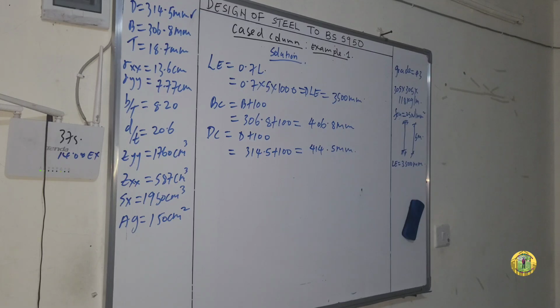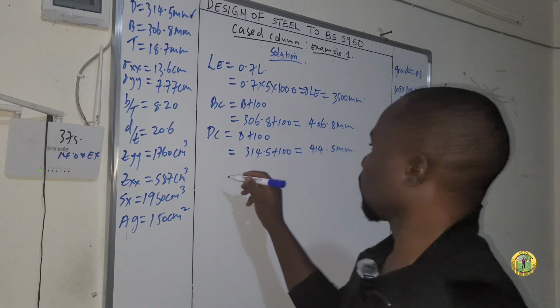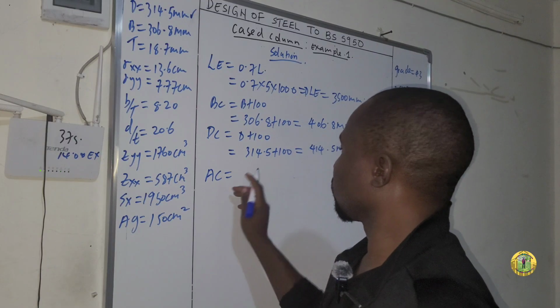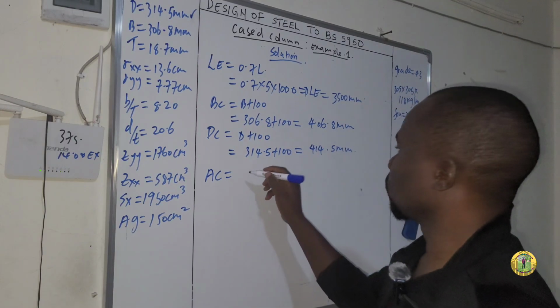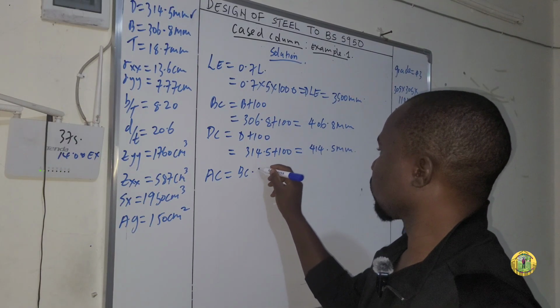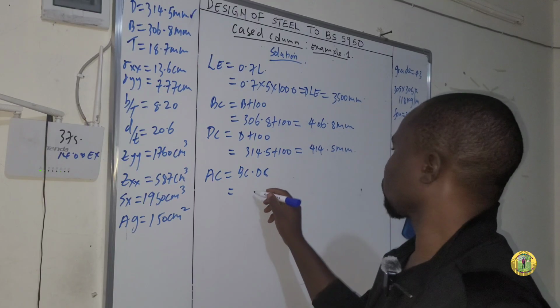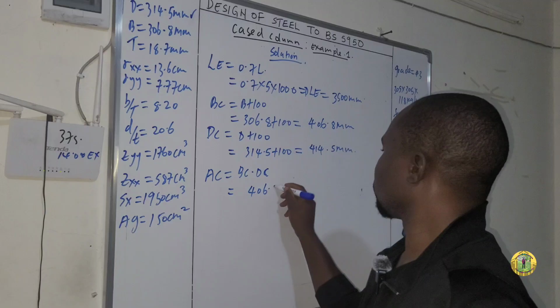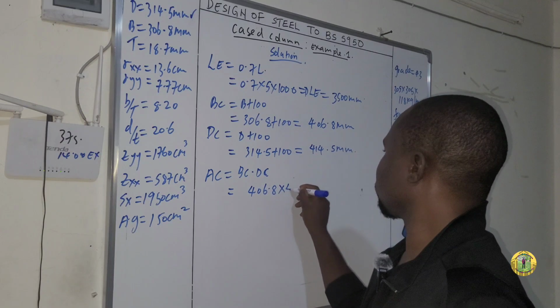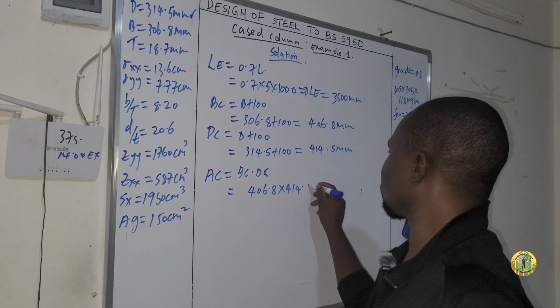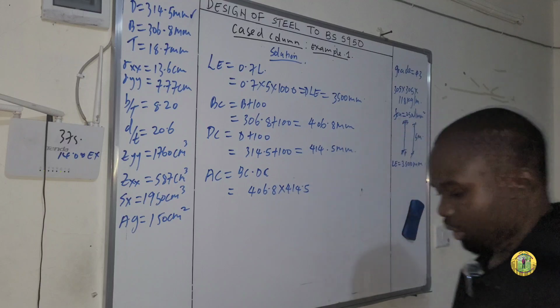So we already have our BC and DC. Now let's get the gross area, which is AC, equal to BC times DC. So this is equal to 406.8 times 414.5.